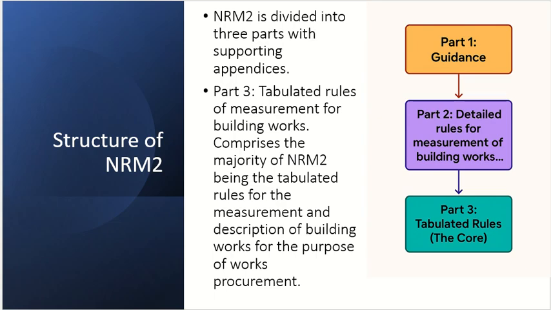Part 3 has very long tables, with the description and everything. The majority of the manual belongs to part 3, but you can have a look at the other 2 parts as well, so you would know what to look for and where to look.